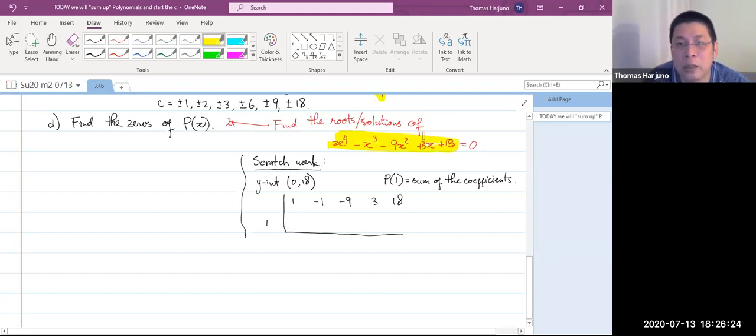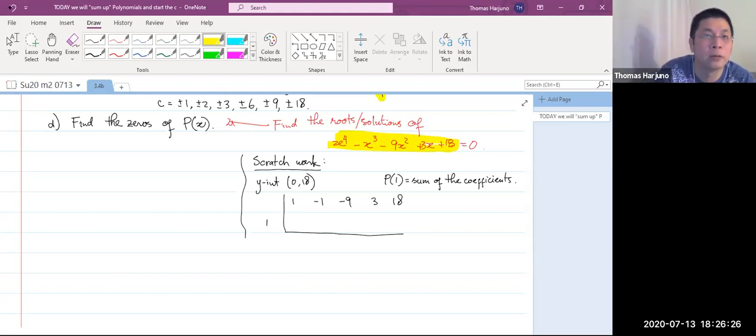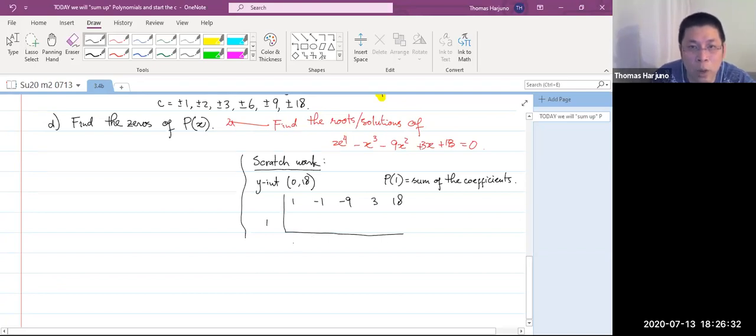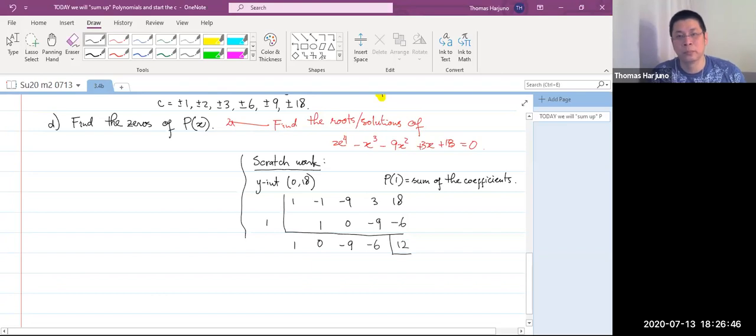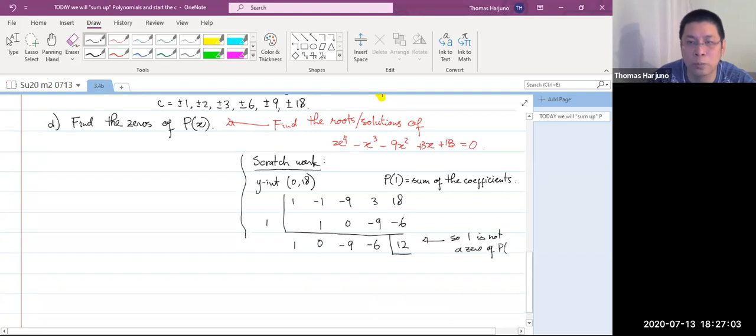I think the answer will be 12, but let's work it out so you see what I mean. 1, 1, 0, 0, negative 9, negative 9, negative 6, negative 6, positive 4... so 1 is not a zero here, and you don't need to put this in your paper.